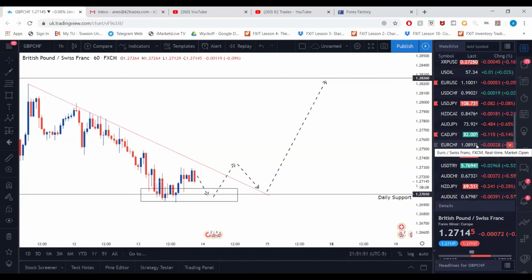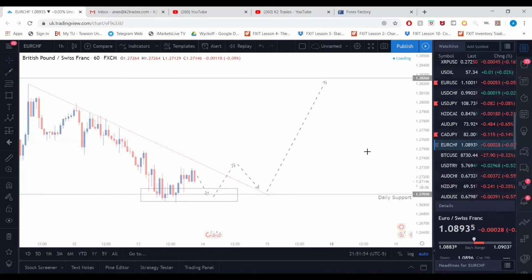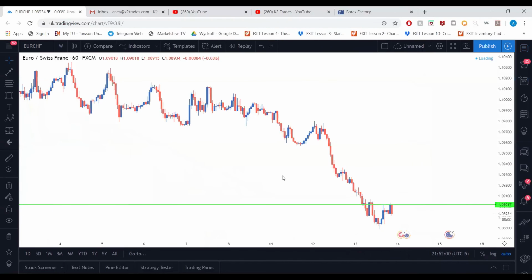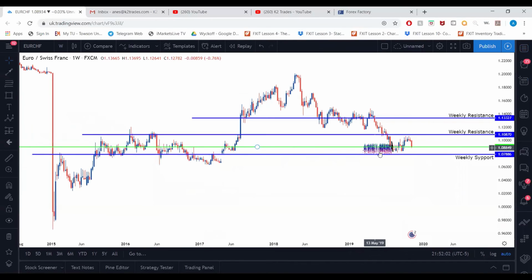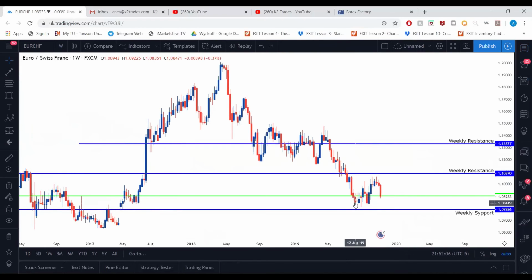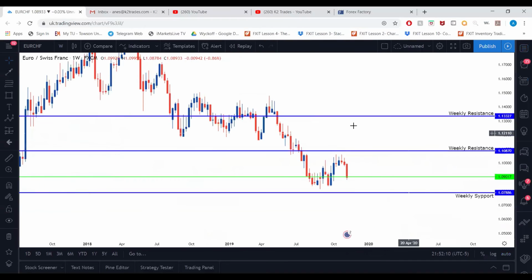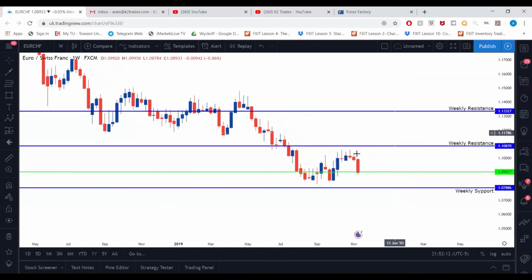There we go. All right, let's check this. Whoa, what? Fibs. Yeah, euro has been dying. Wow, this weekly engulfs the previous 5 weeks.